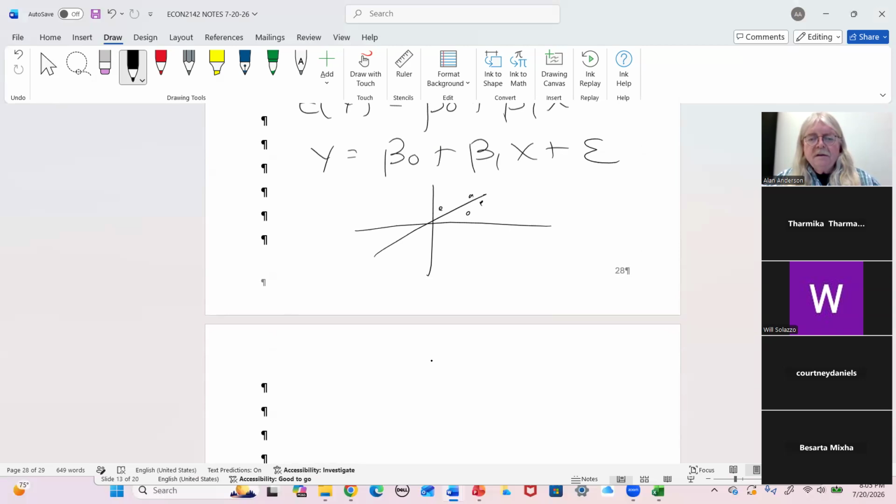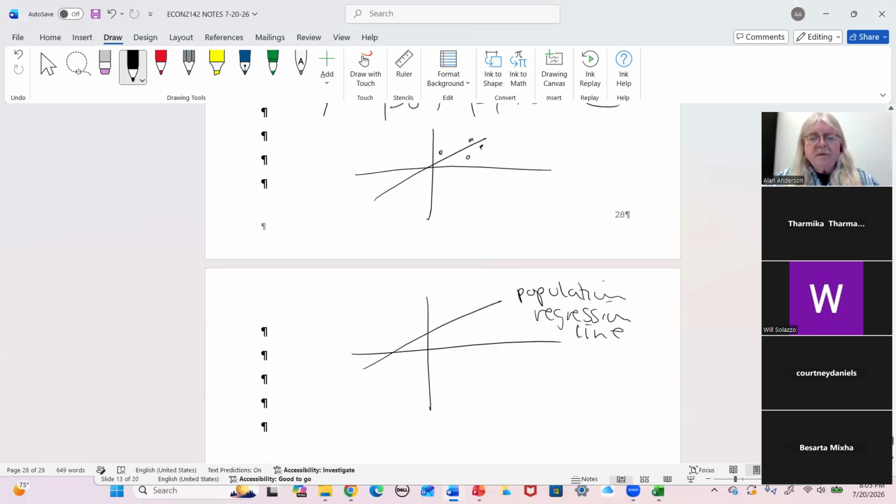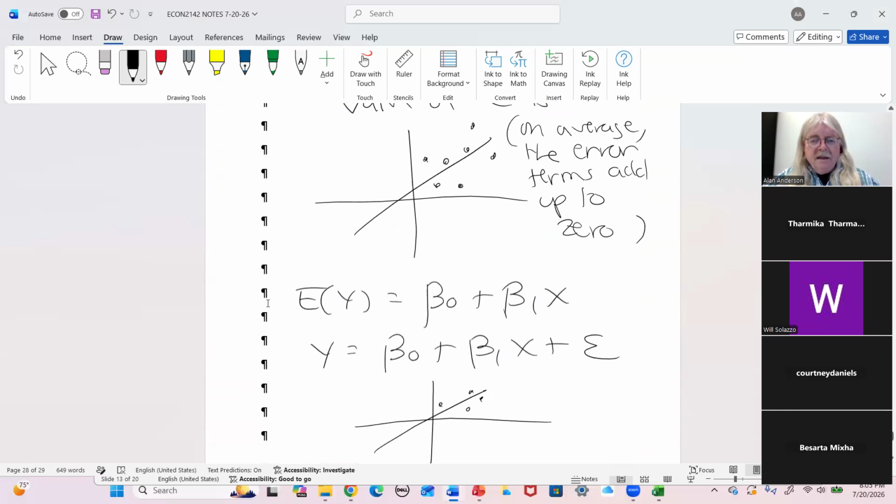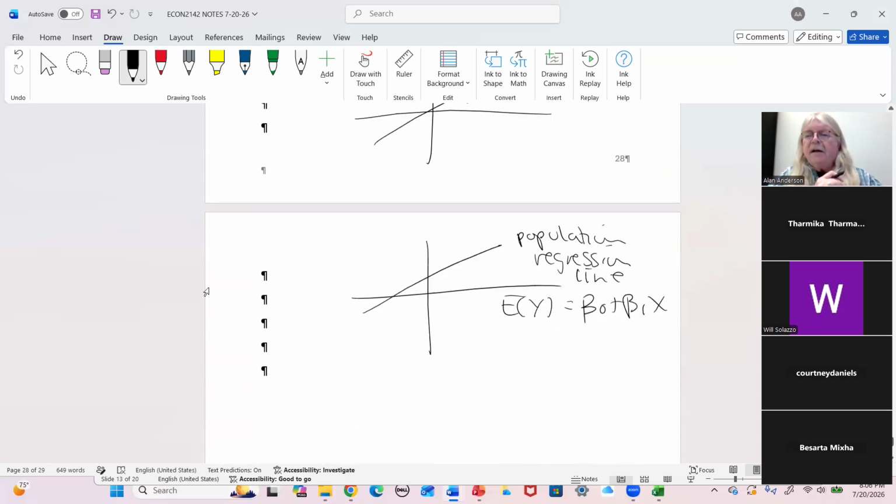And so the actual population regression line is defined without errors. In other words, the expected value of y is beta 0 plus beta 1x. So that line is what the relationship would look like without any error terms.